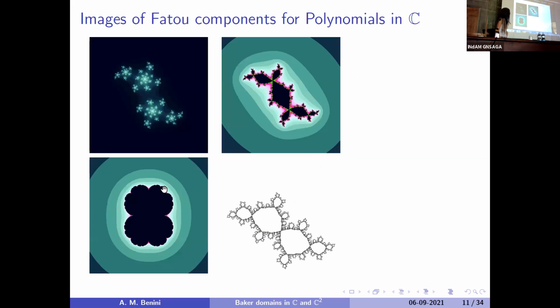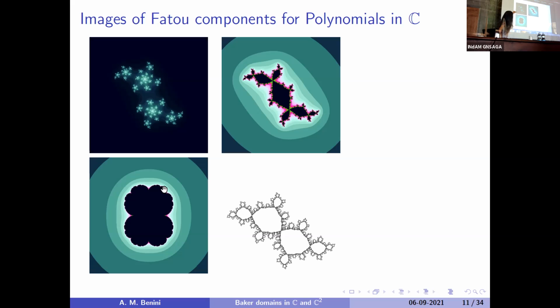Now, let me show you some pictures. The black one is the attracting basin of infinity. This is the quadratic polynomial z squared plus c. You can see that these snowflakes really form a Cantor set structure.